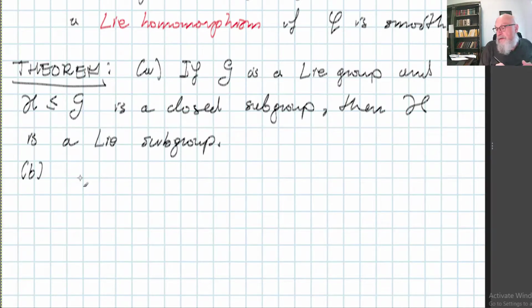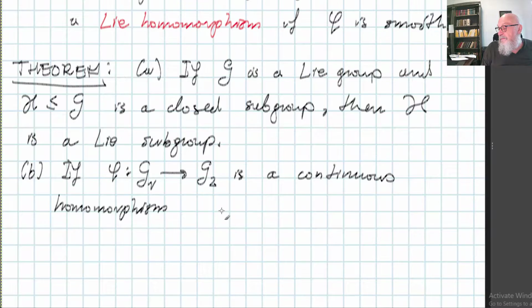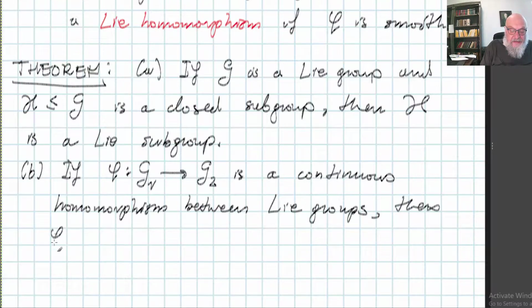B. If phi between G1 and G2 is a continuous homomorphism between Lie groups, then phi is a Lie homomorphism.